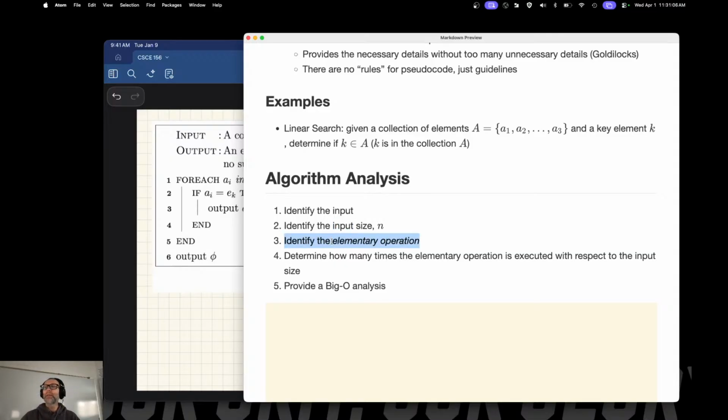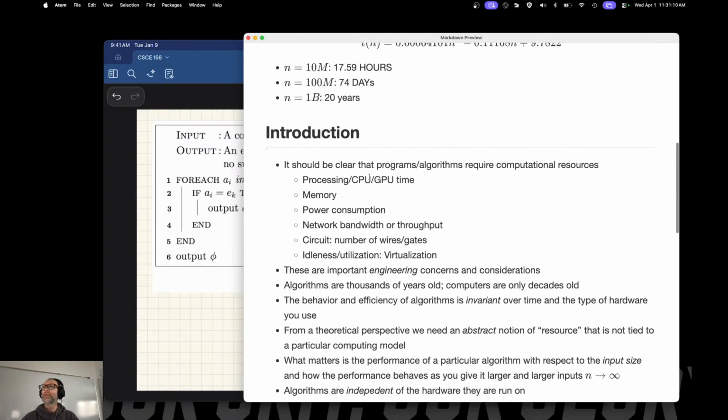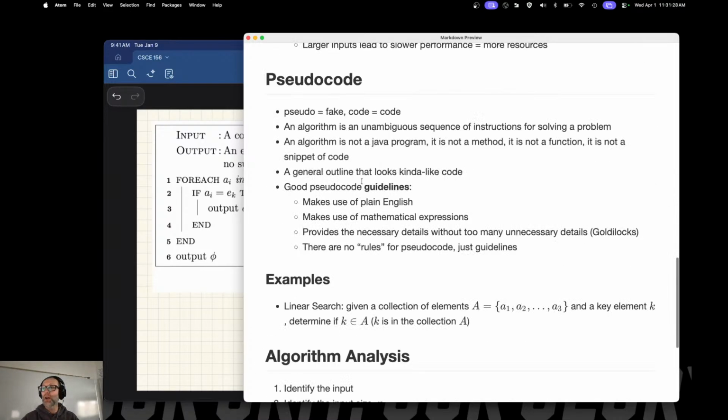But otherwise, identifying the elementary operation, that goes back to when we started up here with these engineering considerations. We have to identify something in order to quantify that something. But we're not going to identify particular GPU instructions or how many bytes it takes or something like that. We're going to try to keep it general and generic.